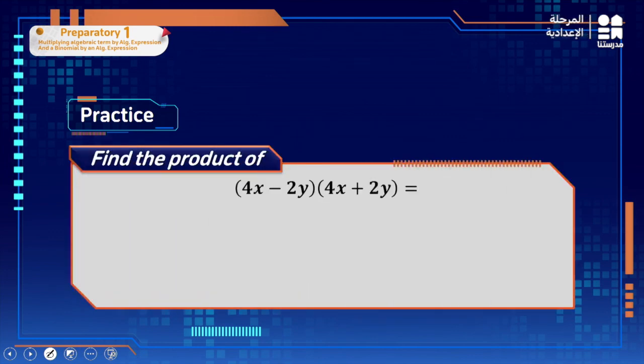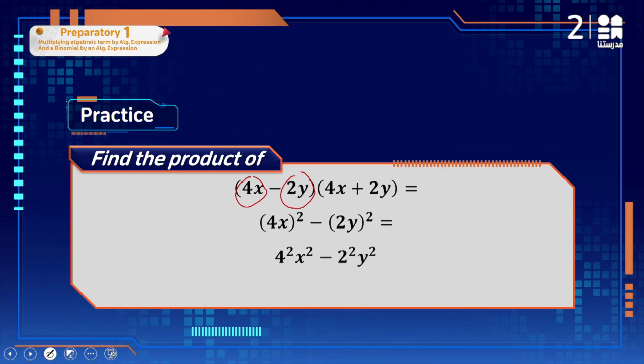Find the product of 4x minus 2y and 4x plus 2y. One more time. Multiply 4x minus 2y, then 4x plus 2y. I have the same terms, 4x, 4x, 2y, 2y, and the difference is here in the first one, it's minus, the second one is positive, so we are going to write it as the first squared, then minus the second squared, which is 4x to the power of 2 minus 2y to the power of 2, distributed or multiply.